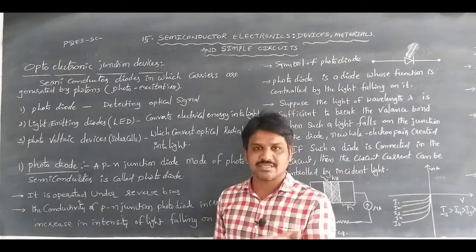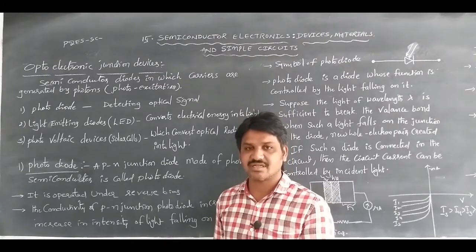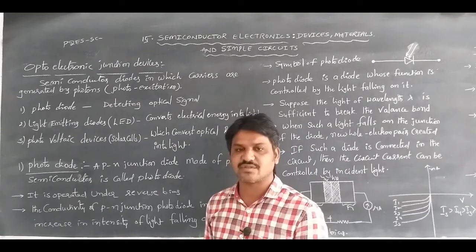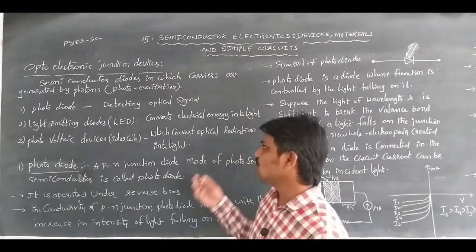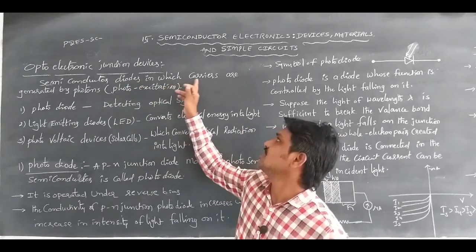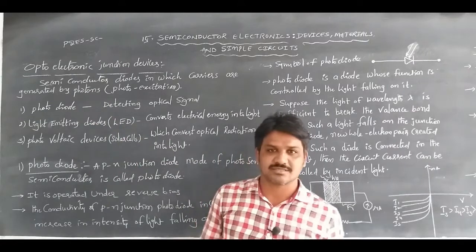Whenever optical light, like sunlight, is incident on devices made of photosensitive semiconductor material, then they are photosensitive. These are semiconductor diodes in which carriers are generated by photons.